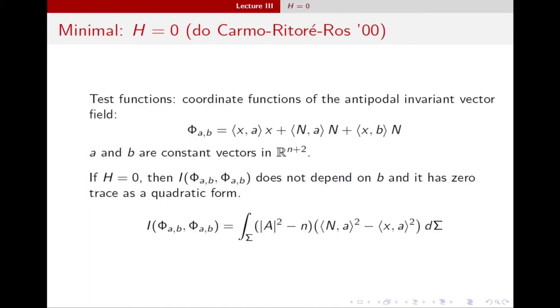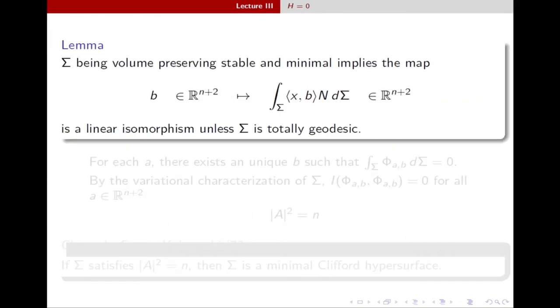Namely, each coordinate is a test function for the stability inequality, right? And so that's indeed the case, and this was proved by Ritoré, Do Carmo, and Ros. They show that this linear map is always an isomorphism, except when sigma is totally geodesic, when this linear map is zero. So it's important in this argument that the surface is stable.